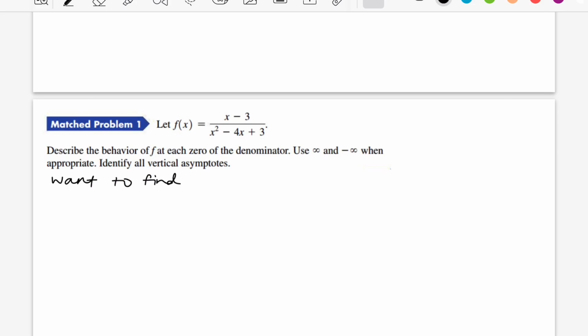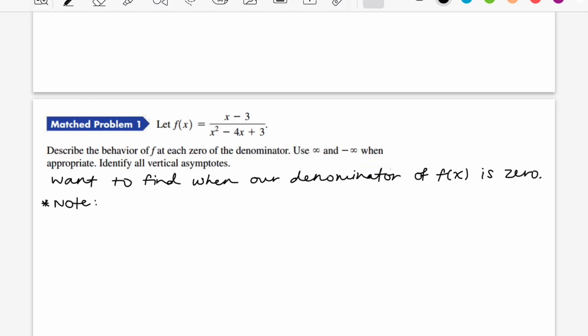we want to find when the denominator of our function is 0. But something to note here, I'm going to abbreviate numerator as that and denominator as that.